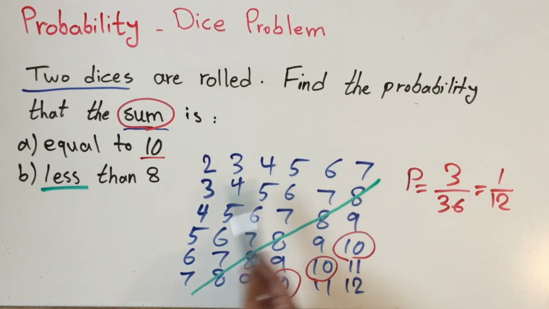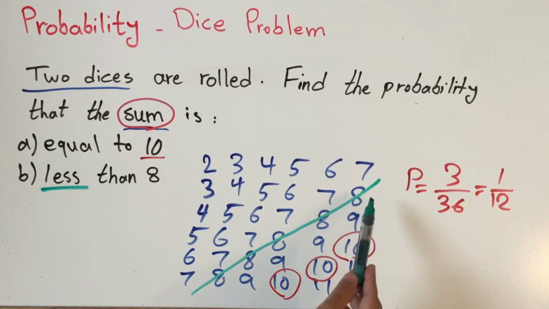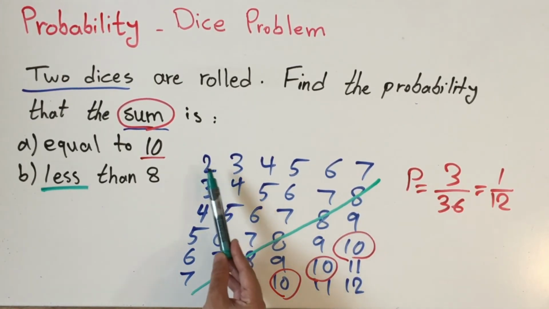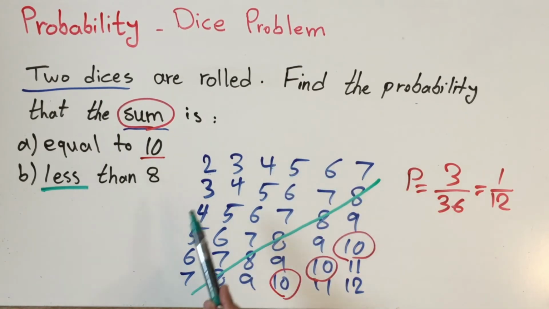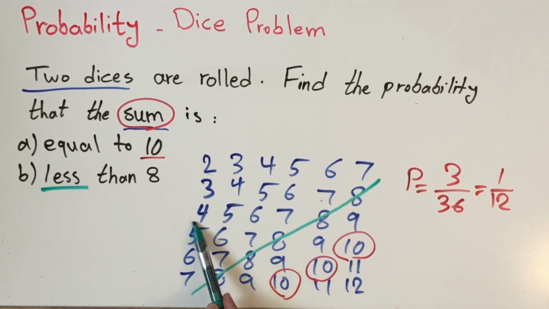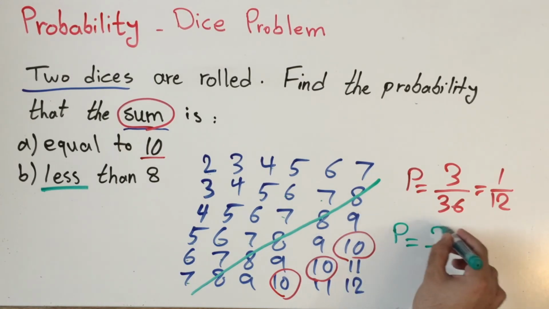So just count those numbers and don't include 8 because it says less than 8. So how many numbers do we have here? 1, 2, 3, 4, 5, 6, 7, 8, 9, 10, 11, 12, 13, 14, 15, 16, 17, 18, 19, 20, 21. So we have 21 numbers.